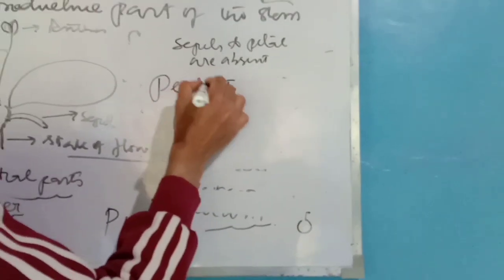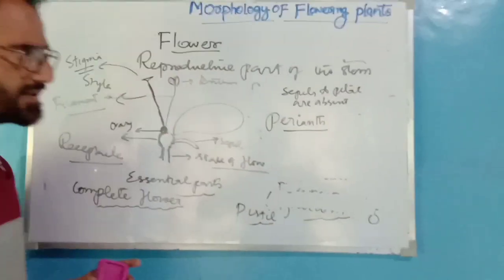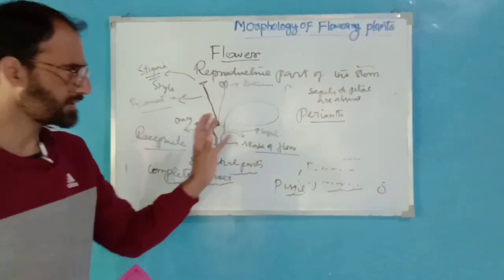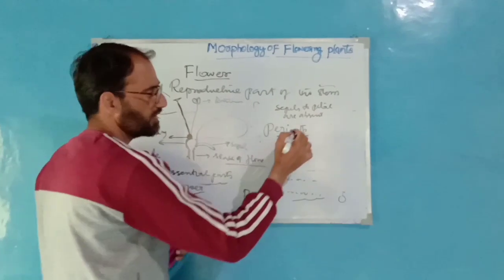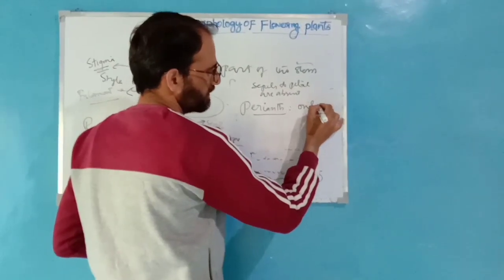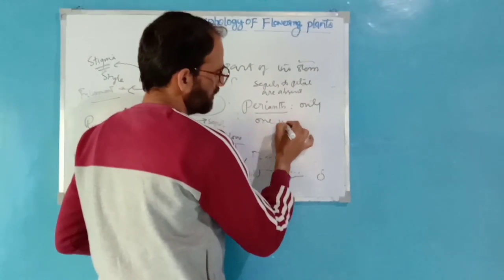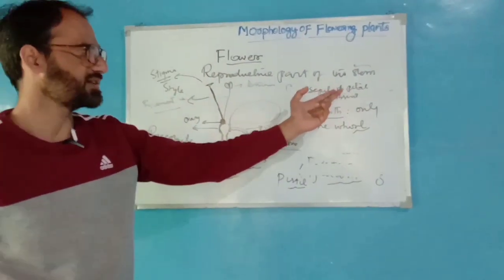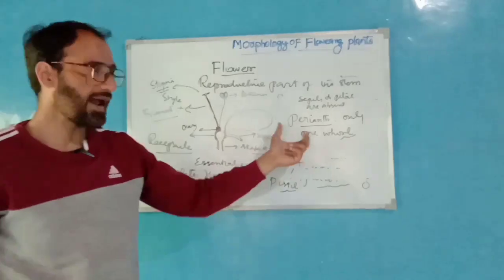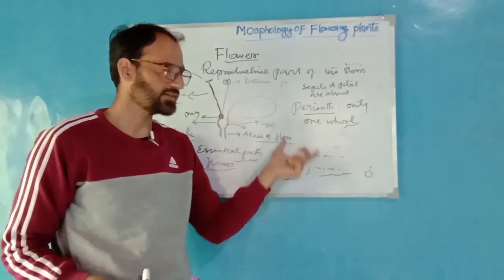So perianth is actually these sepals and petals, or there is only one whorl present instead of these two, sepals and petals, then that condition is called as perianth.